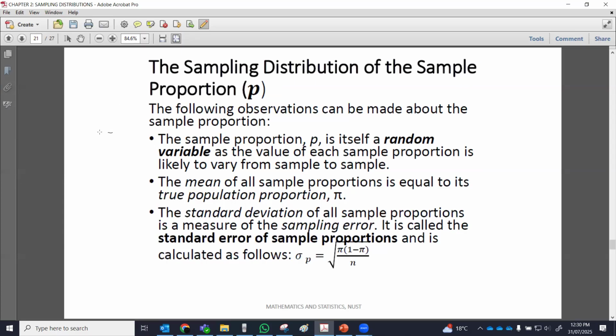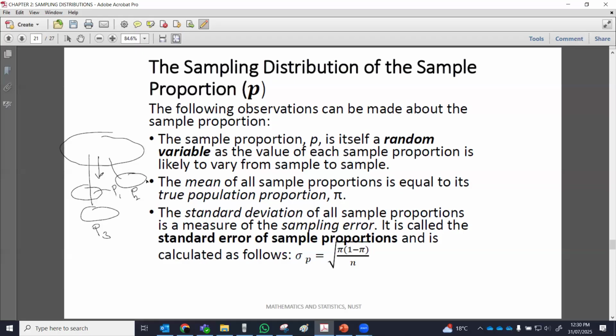If there's a big population, from here I draw my first sample, and then here I work out the proportion. Then I get another sample and work out its proportion there. Then I get another sample, so this is my P2, then I work out P3. You can see that each of these P's are different because the sample that I was picking was different. And these all give me a random variable. So the sample proportion is itself a random variable.